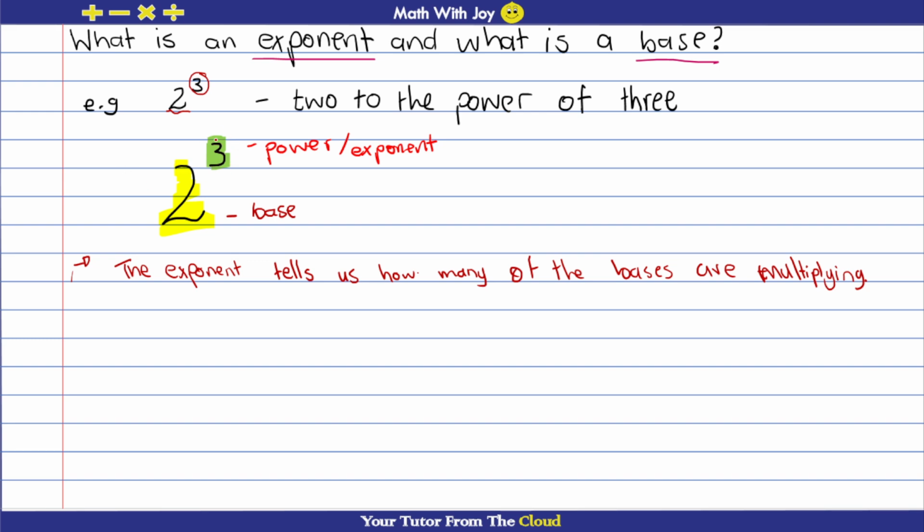So if I look at this example, I see the exponent is 3. It tells me that I have 3 2's multiplying each other. In other words, 2 to the power of 3 is the same thing as 2 multiplied by another 2 and another 2. There must be 1, 2, 3 of these 2's. So if I have something like 2 to the power of 5, this 5 says that I have 1, 2, 3, 4, 5 2's multiplying each other.